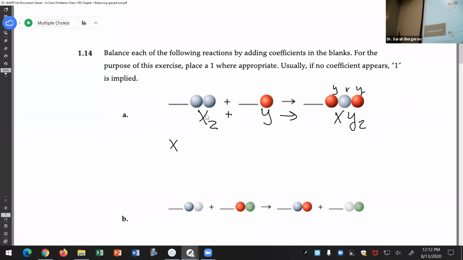What I like to do is I like to put down the bottom. I like to say, okay, how many X's do I have? I have 2. How many Y's do I have? I have 1. And I do the exact same order on the other side. X, I have only 1. Y, I have 2. So what am I going to do?